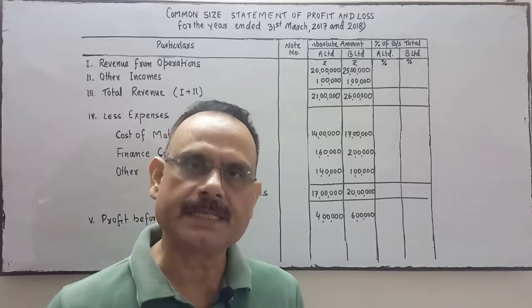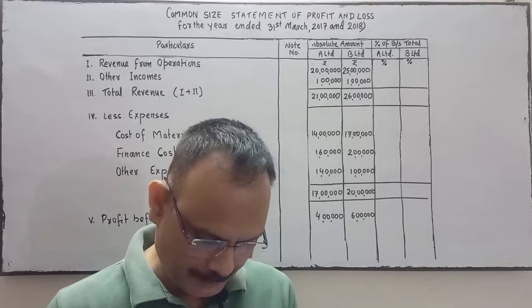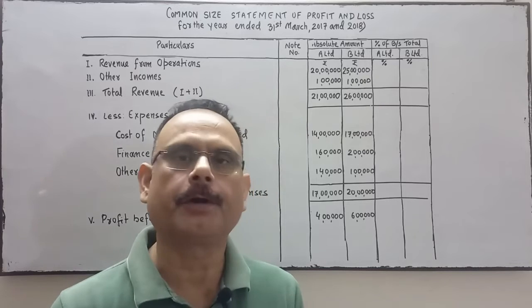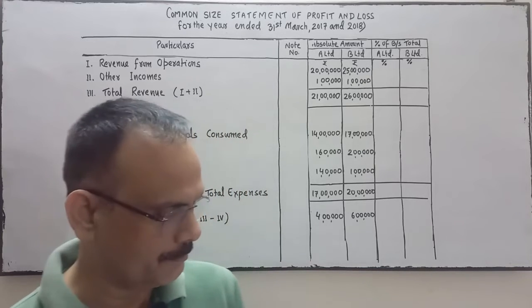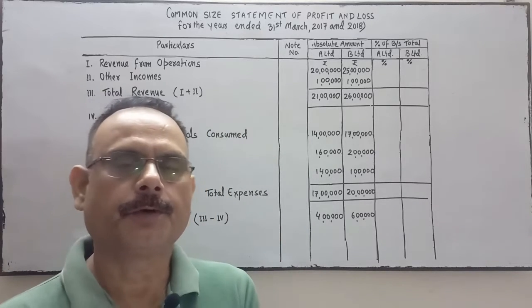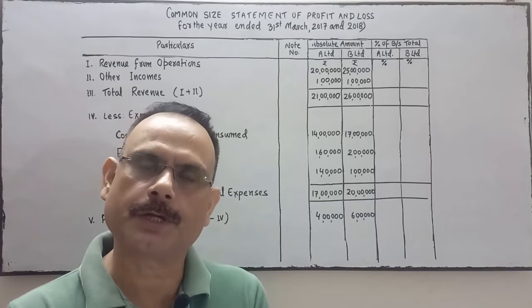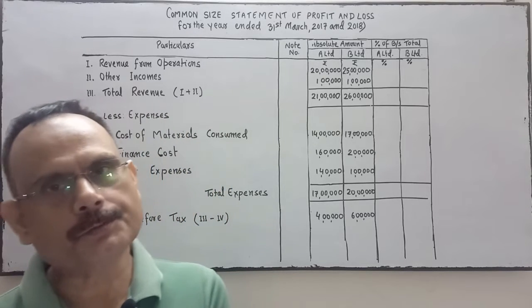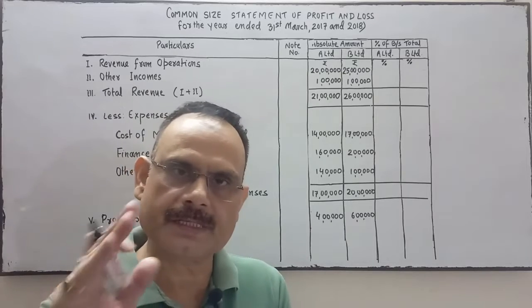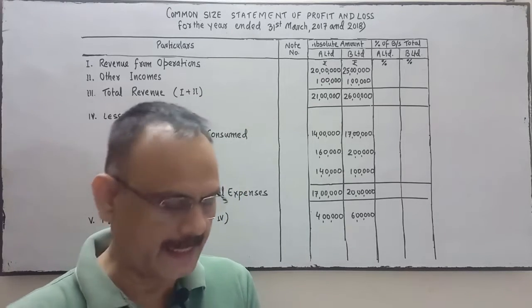prepare a common size statement of profit and loss from the following information and interpret the same. Statement of profit and loss information is given for the year ended 31st March 2018 and 31st March 2017. So first we will write 31st March 2017, thereafter 31st March 2018.